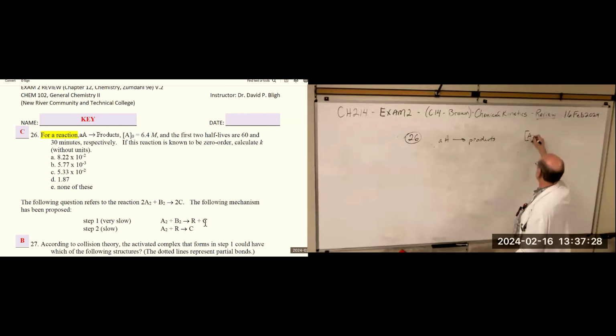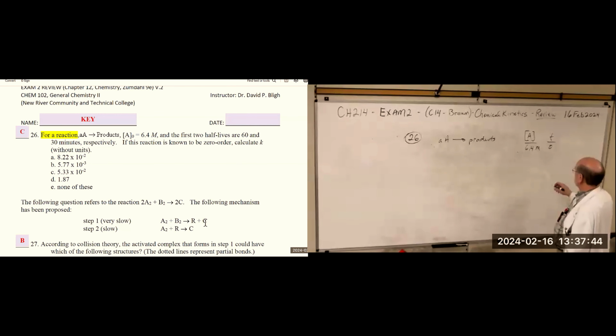So at time t equals 0, this is 6.4 molar. That's where we start. The first 2 half-lives are 60 and 30 minutes respectively. So after 60 minutes, how much A do we have left? 3.2 molar. Right, first half-life.